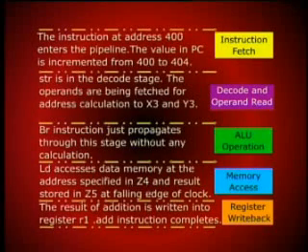In ALU, the branch instruction just propagates through this stage without any calculation, because no ALU operation is required. For the case of memory access, the load accesses data memory at the address specified by Z4, and the result is stored in Z5 at the trailing edge of the clock.